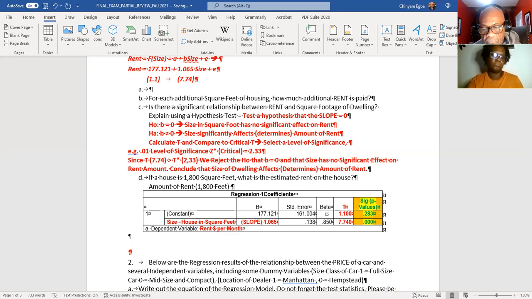Okay, the amount of rent will still be 177.121 plus 1.065 times 1,800. Okay, and what does that give us? Can somebody help us out? Yeah, somebody help us out.